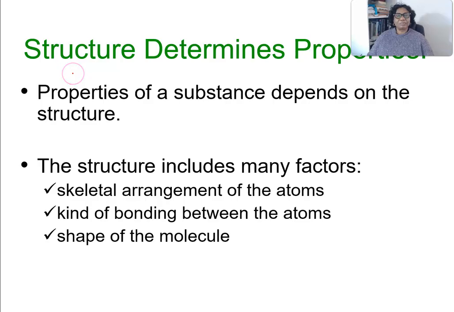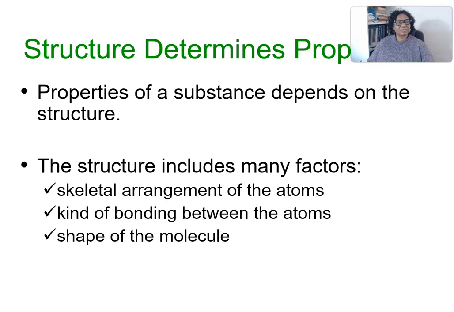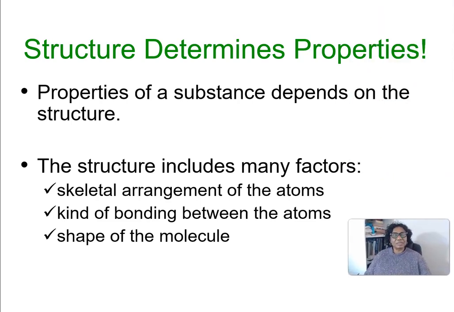So in chemical bonding two, we want to try to determine the properties of molecules by examining the structure. So that's what we want to try and do. Determine properties by looking at the structure.